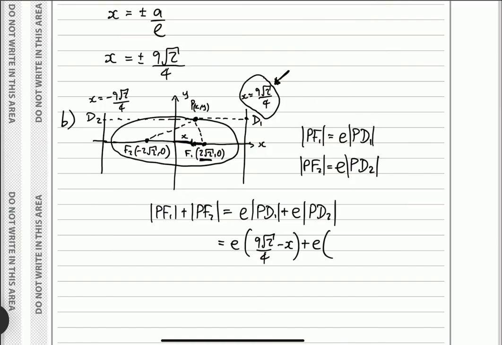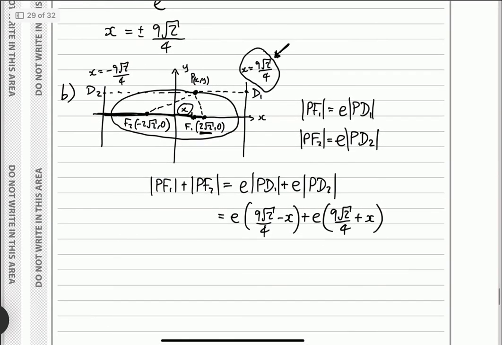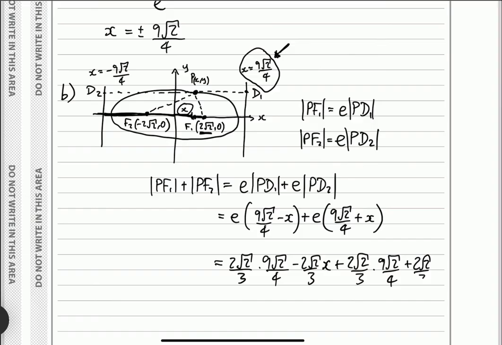PD2, remember this is a distance, so thinking about it in terms of that x again, is just the full distance from D2 to the origin, that's 9 root 2 over 4, plus that little bit x. And we know what e is, 2 root 2 over 3, so that's 2 root 2 over 3 times (9 root 2 over 4 minus x) plus 2 root 2 over 3 times (9 root 2 over 4 plus x).